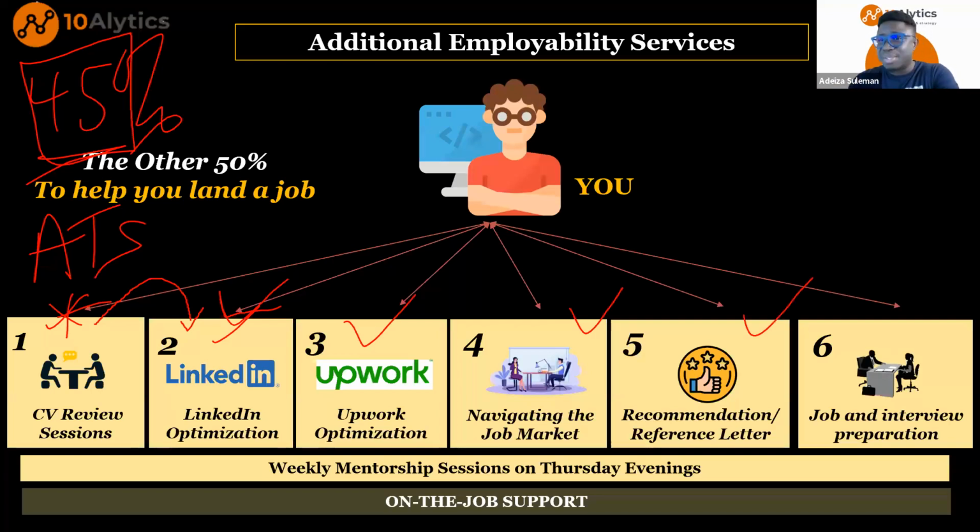References and recommendations. Employers would want to know that you have a reputable organization that you can affiliate yourself with. So when you get that offer, the employers would want to know where you have worked before, what you have done in the past, all right? And that's why we advise all our participants, always have Tenalytics on your CV.